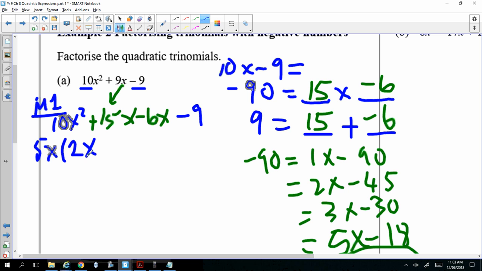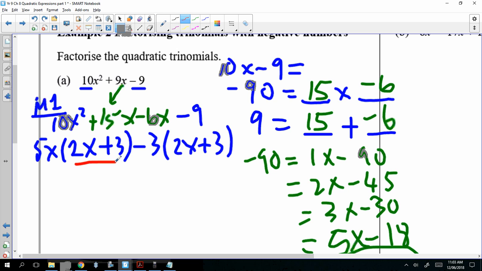How about the second two? What's common? Negative 3. You have to take the negative out. So write negative 3 times 2x plus 3. You have to notice they must be the same. If they are not the same, you made a mistake, because this has to come out as a common factor.